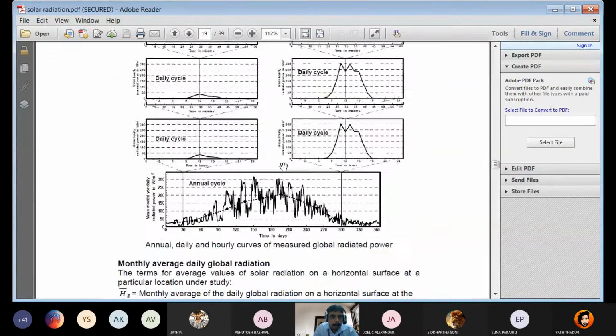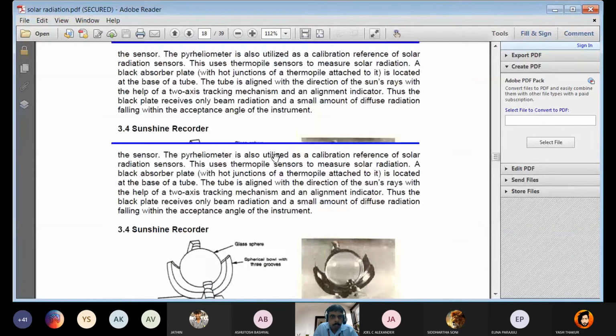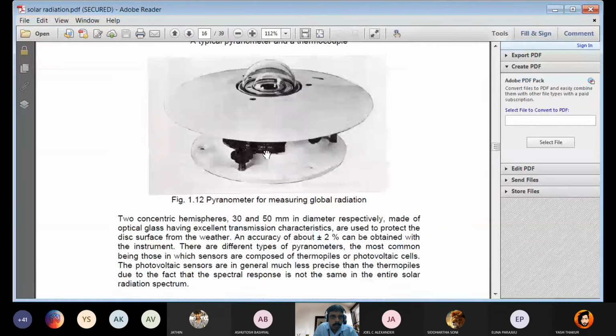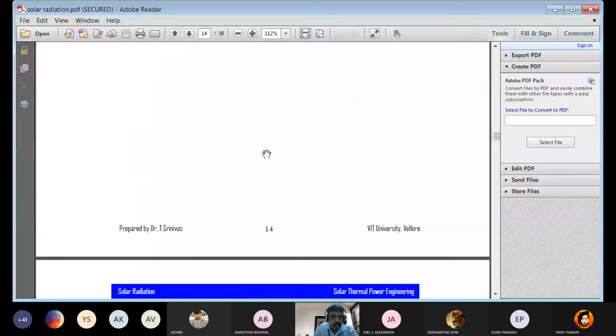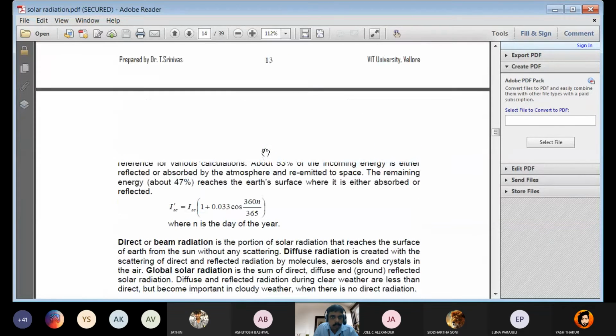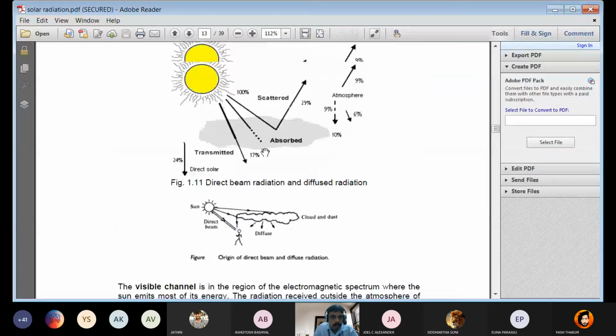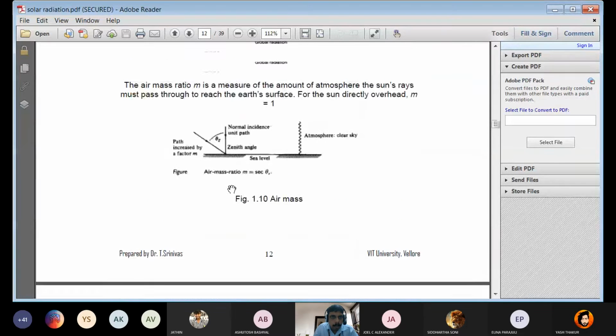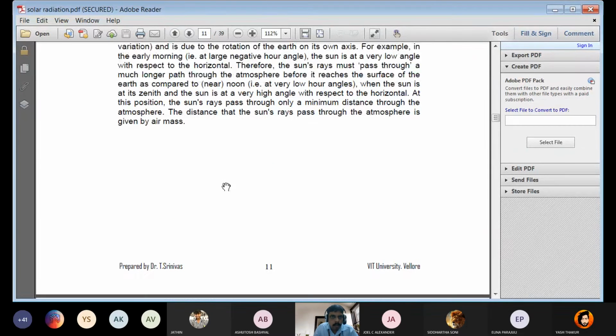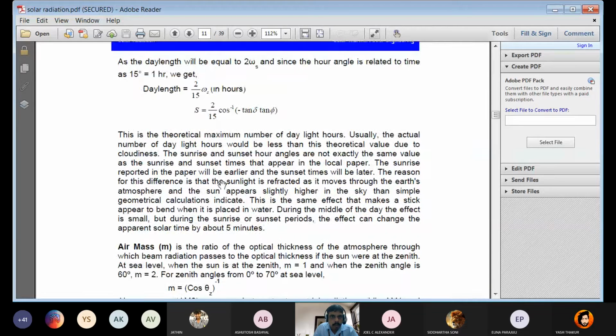Okay, we can have this relation. Previously we have defined. Sorry, I have made a mistake. S dash we can calculate using this relation.